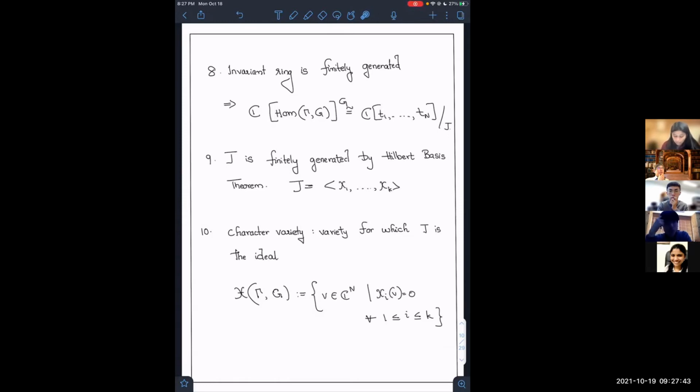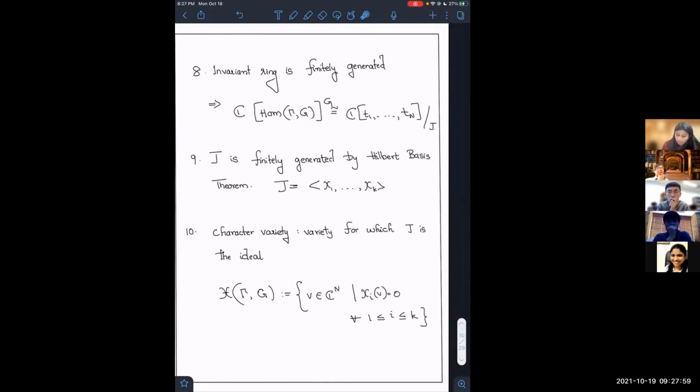So if this is the variety, you can see that the ideal of this variety will be J, and the coordinate ring will be this. So that is the idea of a coordinate ring.